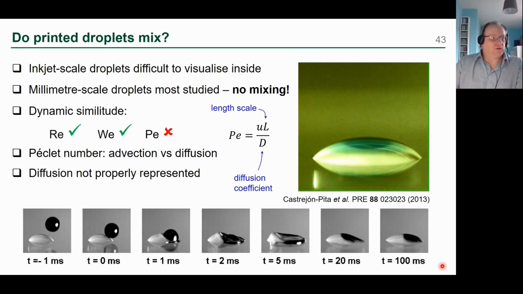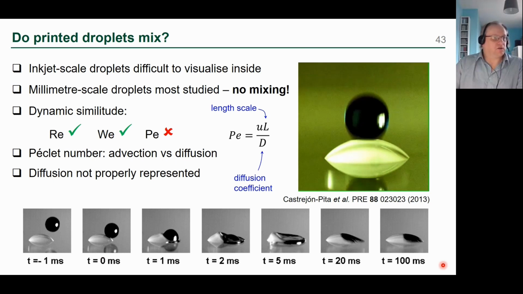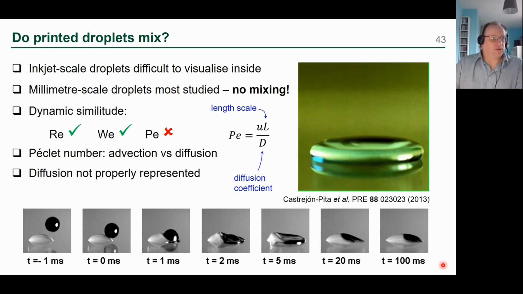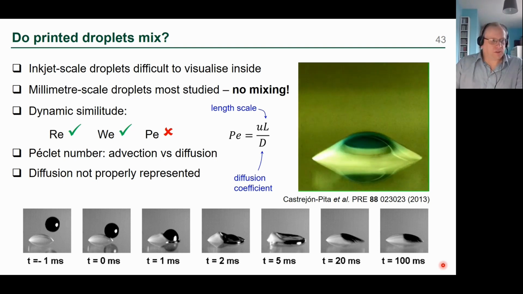Now the problem with visualizing inkjet scale droplets is that the droplets are so small it's very difficult to see inside. You can't get enough light in there to get a picture of what's going on inside. So typically what people do is study millimeter sized droplets where you can actually see what's going on.